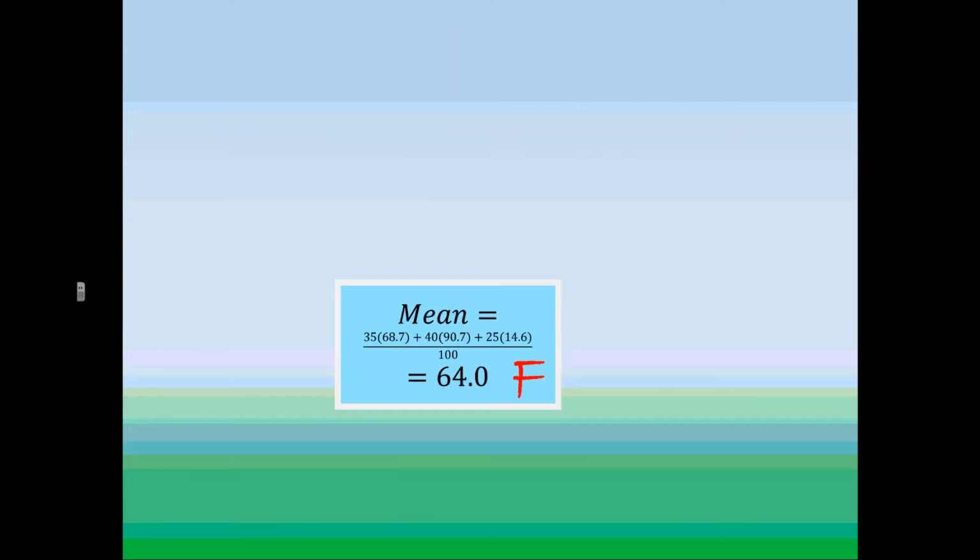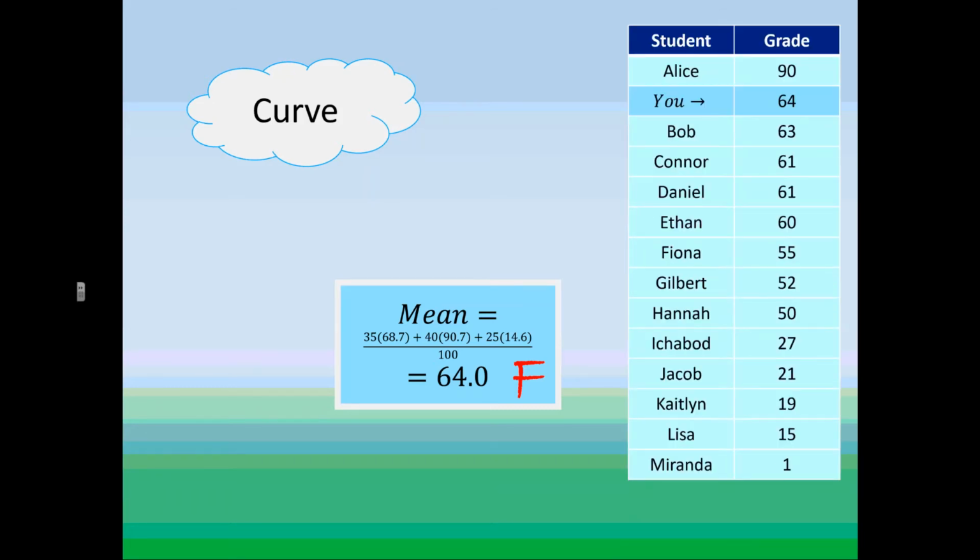So let's go back to the F. So you're at the 64. What happens if there is a curve? You've probably often heard of teachers curving a test, or in the case of colleges, sometimes the entire class is curved. What this means is it does not matter how well you do, it matters how well other people do.